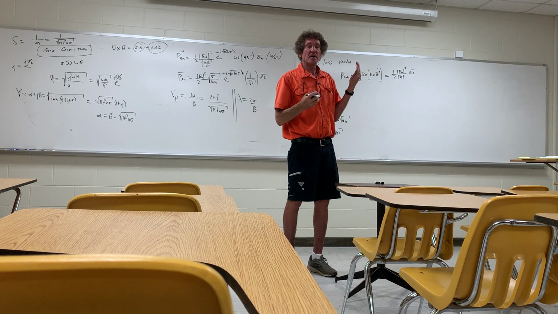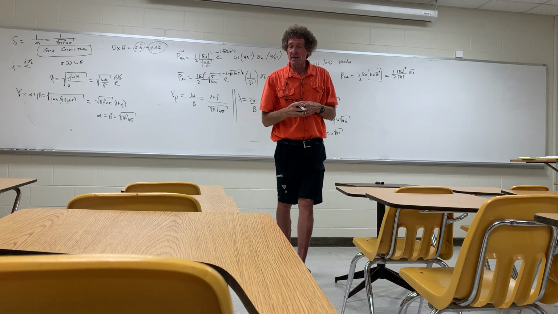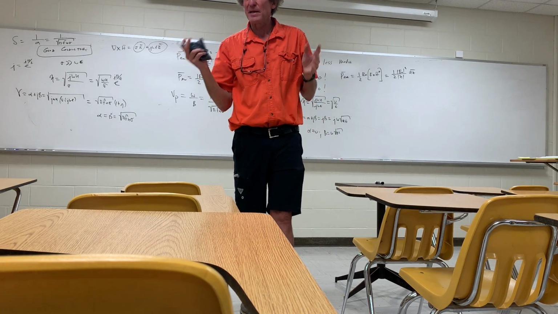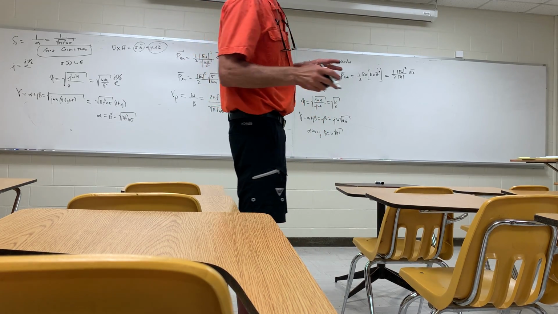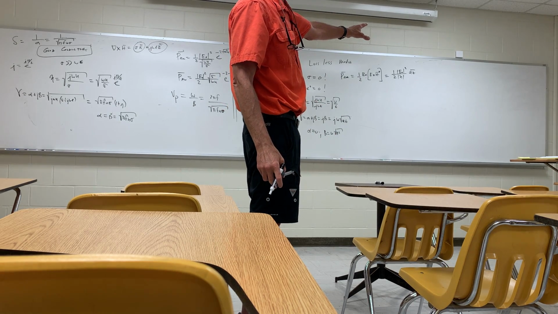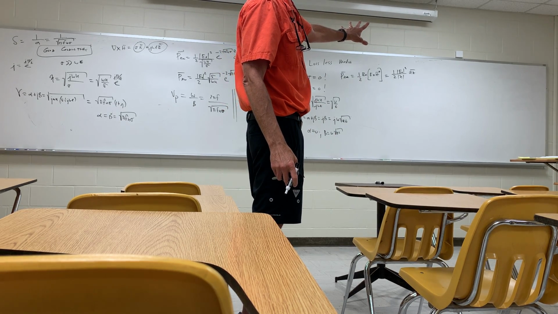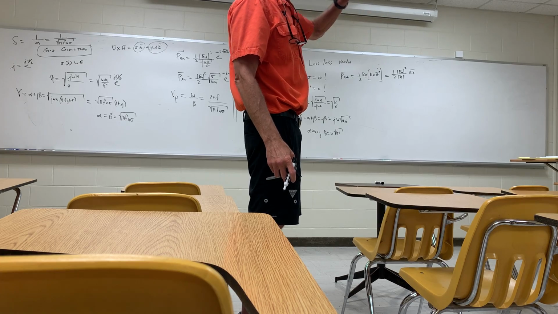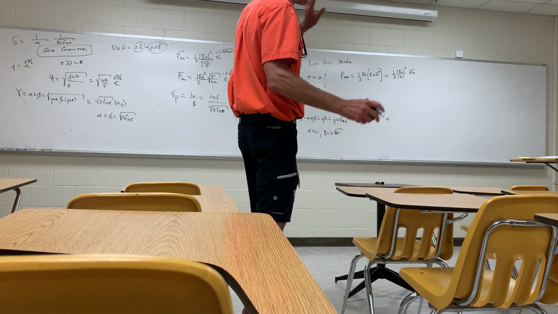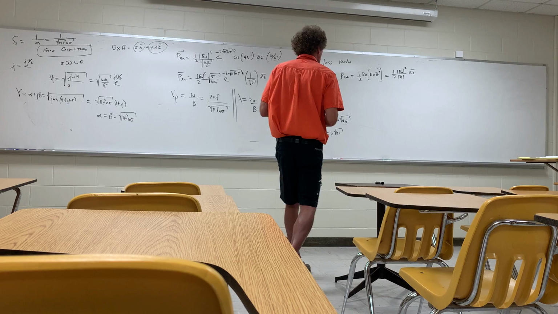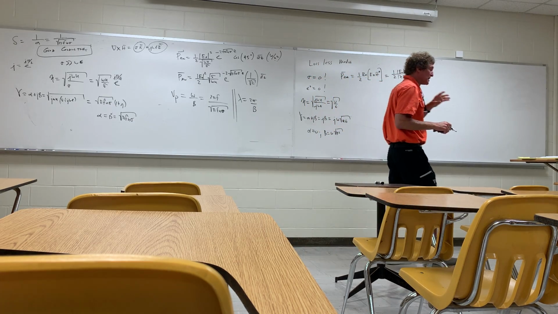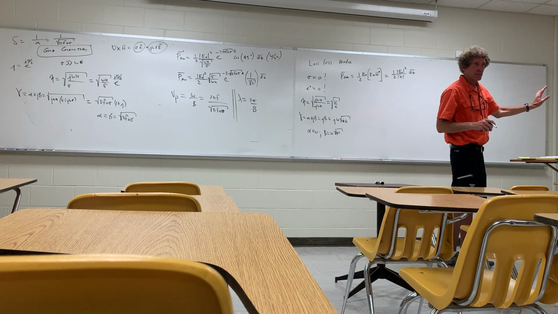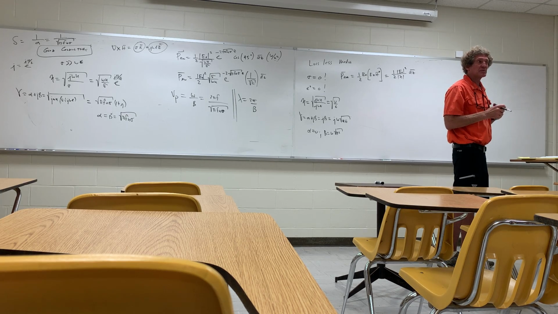There is no e to the minus alpha z, and there is no e to the minus j beta z or anything like that. All right, that's strict rule. One thing you notice is it's constant. Doesn't vary spatially at all. You all see that? And that means the average power density for a propagating plane wave in a lossless media is constant. It doesn't change. It's just like average power.